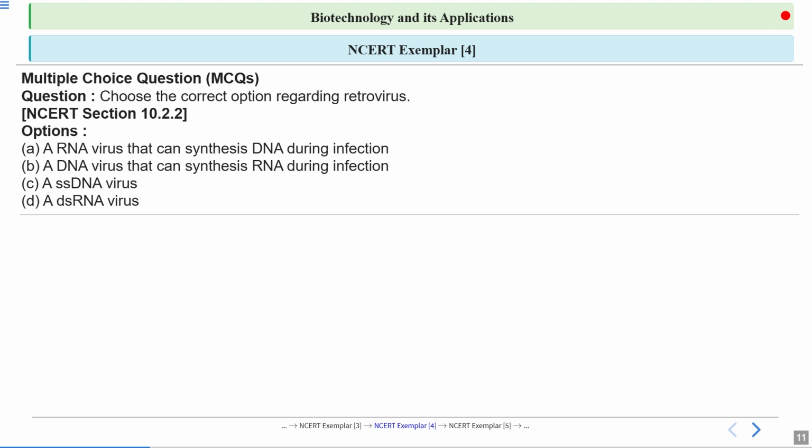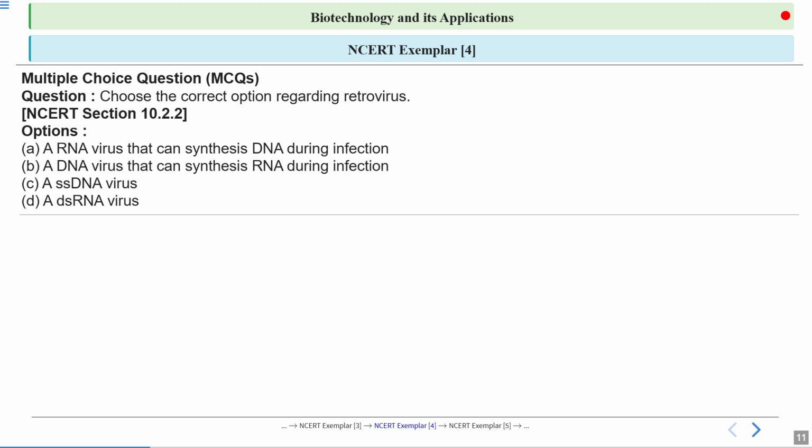First, they are saying that a retrovirus is an RNA virus that can synthesize DNA during infection. It means they are RNA viruses, their genetic material is RNA, but they can synthesize DNA during infection, when they infect anything, for example a human.